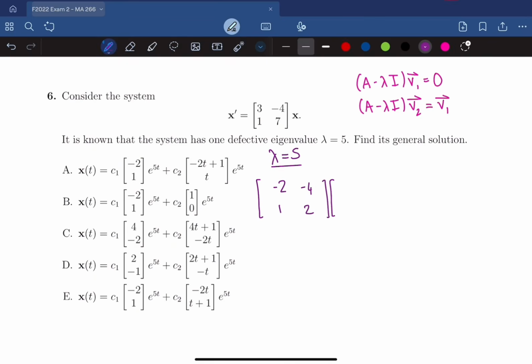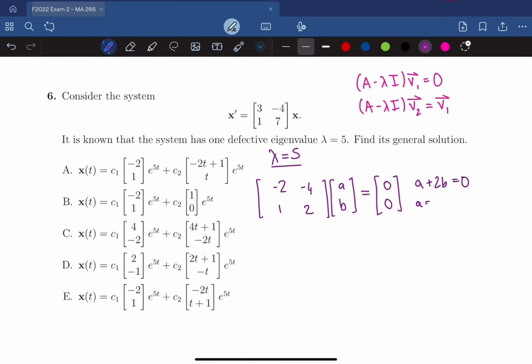I'm not a math major. And then we're going to set it equal to a 0 vector. This is just a normal system. We'll use the bottom part. So we have a plus 2b equals 0.